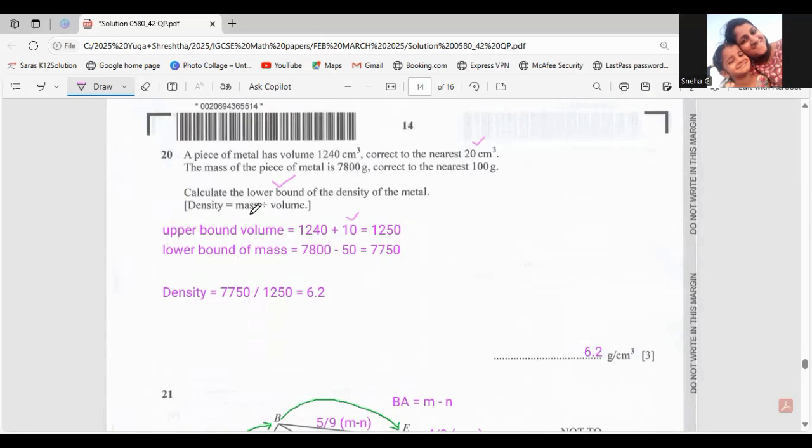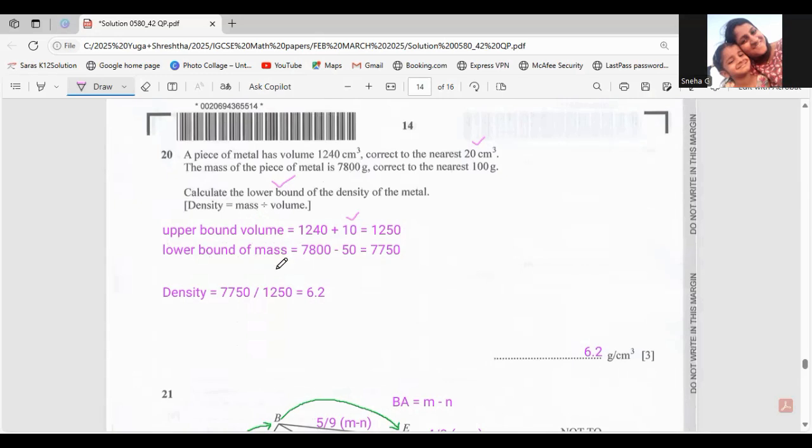You can see mass is in the numerator and volume is in the denominator. So to work out the lower bound of the density, you have to divide by the largest number, which is the upper bound. That's why I have taken the upper bound of volume and the lower bound of mass.